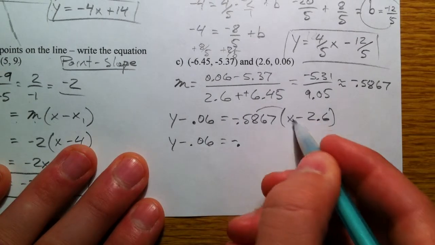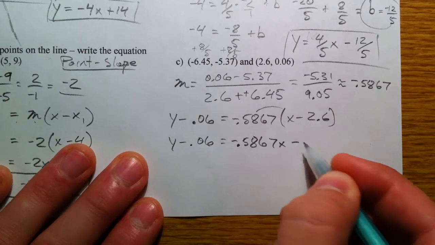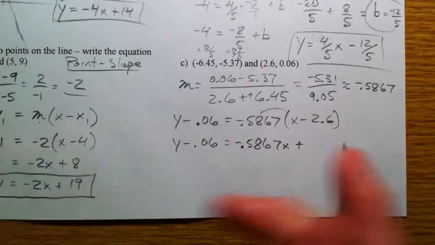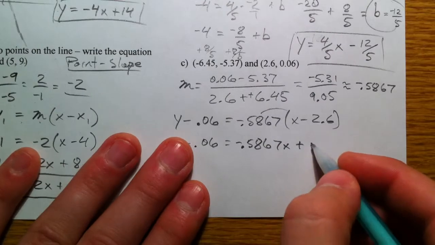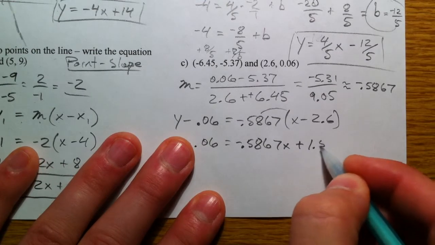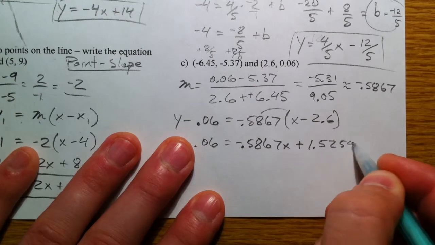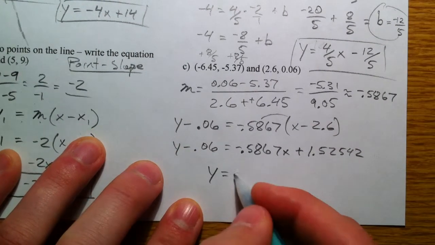So distribute. Negative times a negative is positive. 1.52542. And then add the 0.6 over.